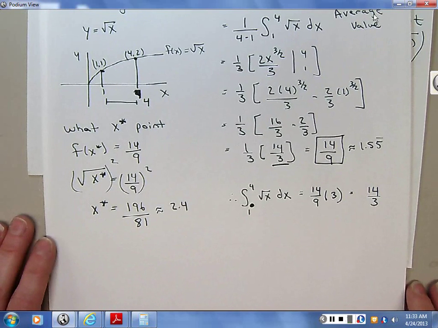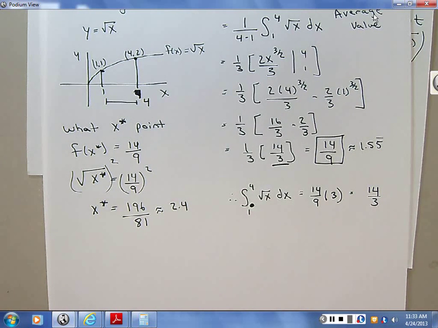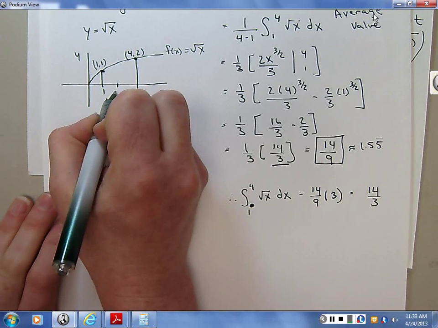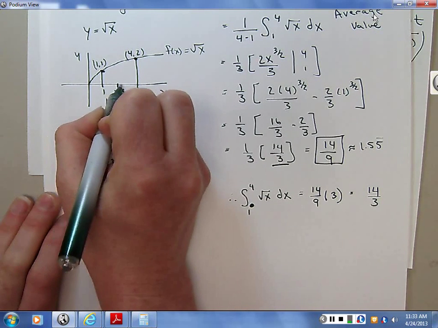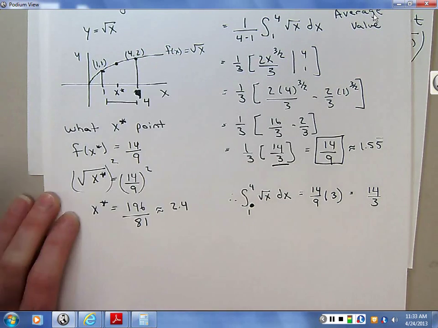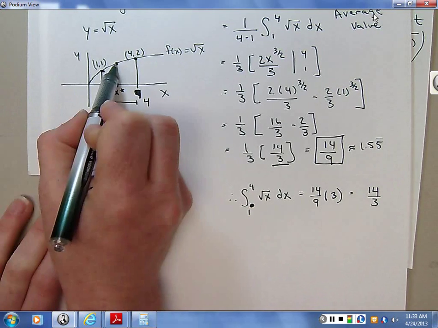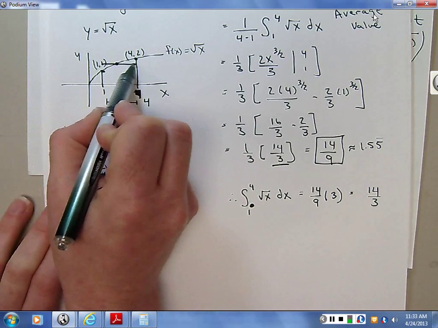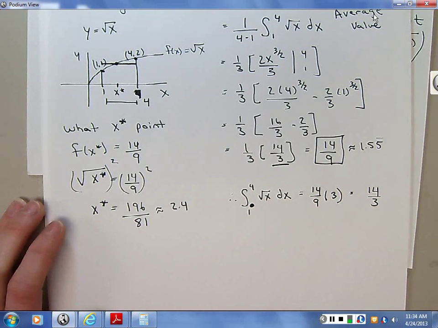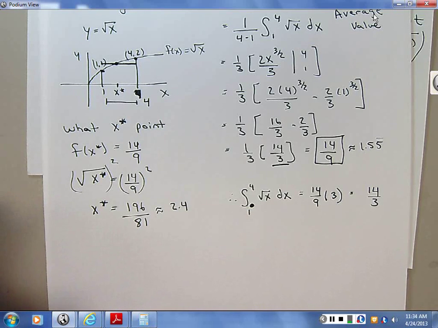So this x star is the point in which the function equals the average value. So then if I take the average value times the length of the interval, I get the area underneath the curve, which is the same as the integral. It's just an application of the theorem.